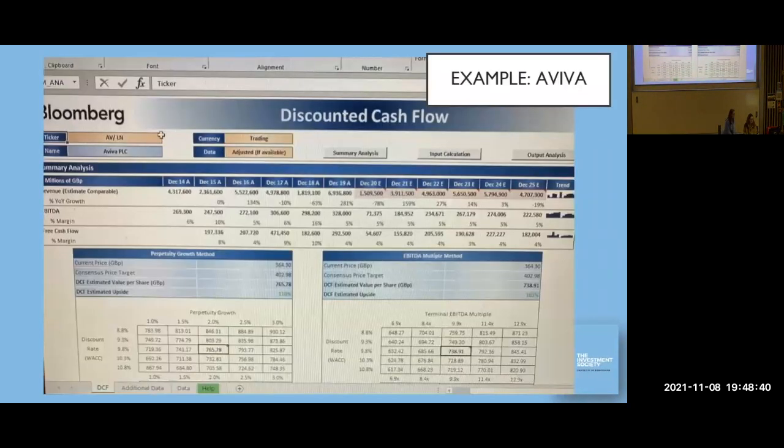By looking at both of these and having over 100% for both of these methods here, that fills us with a lot more confidence. When I was looking at other companies at the time, some of them had 300% for one model and then only 50% or 20% for another model.